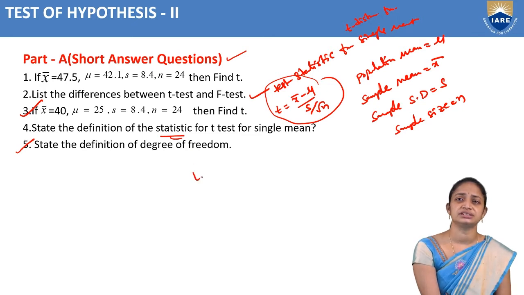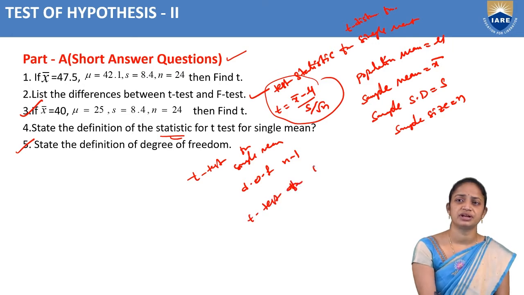So for example, in the t test for single mean, the degrees of freedom is n minus 1. In the t test for difference of means, the degrees of freedom is n1 plus n2 minus 1.